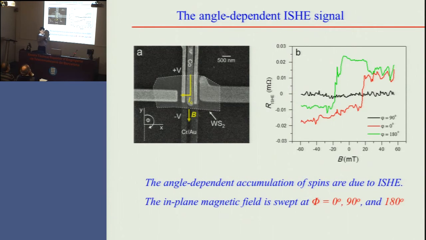Actually, for the inverse spin Hall effect, if you inject spins that way, electrons deviate like this. If spins are aligned upward, electrons deviate like that. If your spins are oriented like that, they deviate to the upper part.